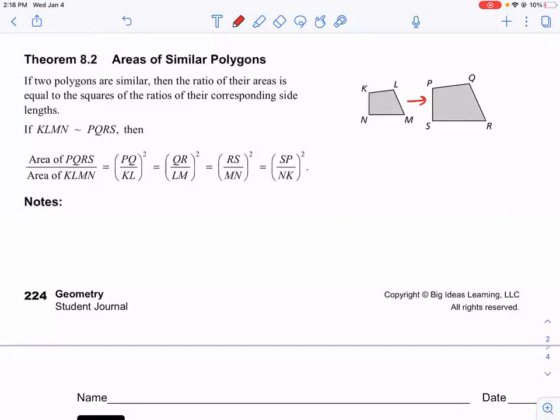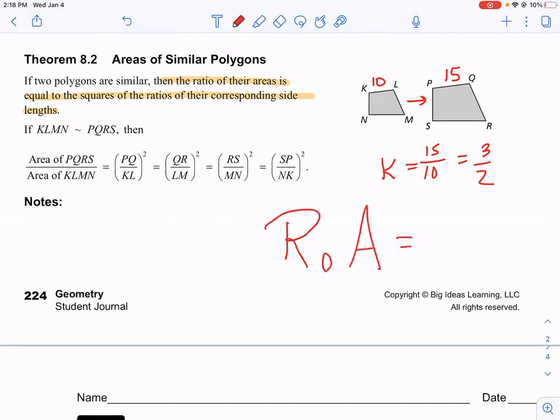So if we have this same thing and our scale factor is again 3/2, this is saying that the ratio of our areas is going to be the same ratio but squared. I like square units, right? Okay. So the ratio of our area is going to be our scale factor squared. So in this instance, it would be 9/4.